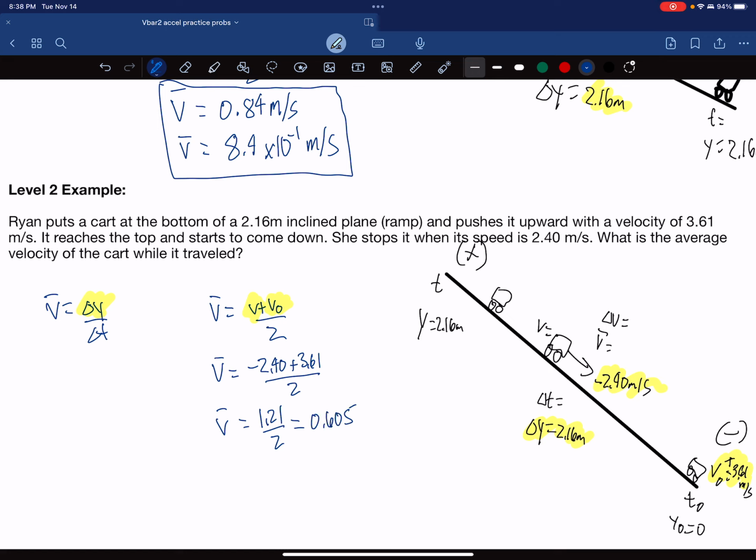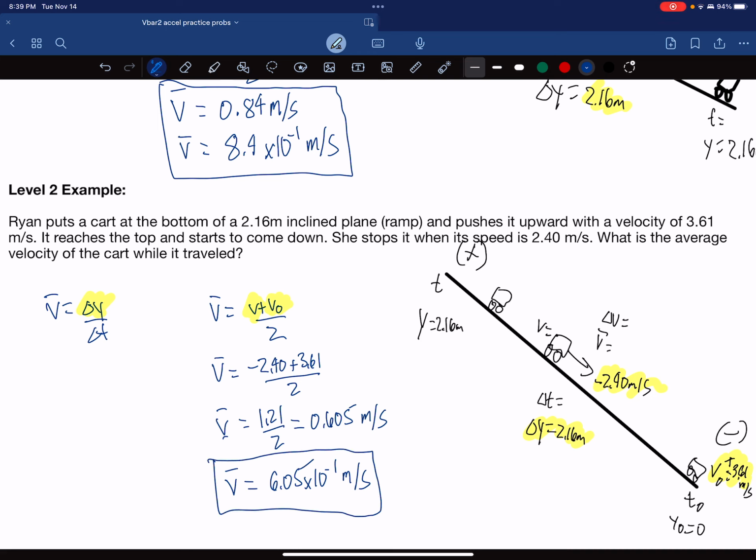And since it's an average velocity, all velocities have units of meters per second. And the last thing we can do is we can express this in scientific notation. So V bar then would be 6.05 times 10 to the minus 1 meters per second.